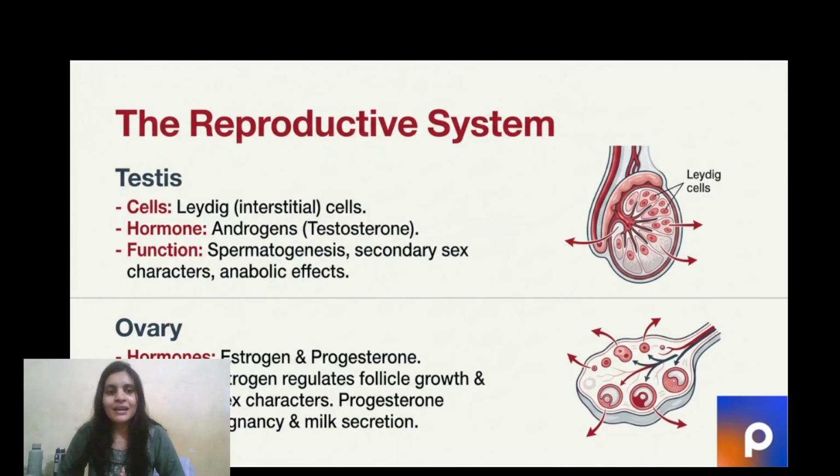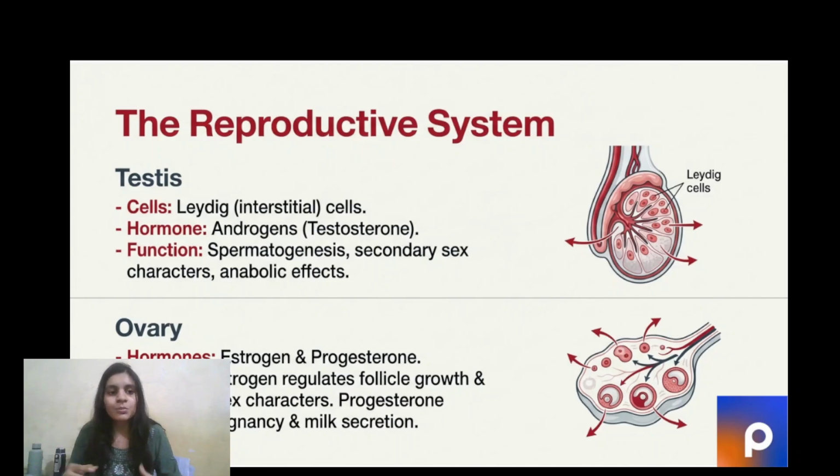Alright, ma'am. Now let's learn about the reproductive system. Ma'am, the reproductive system in endocrine? Well, yes, your reproductive organs also have endocrine functions. As we already know, the male's reproductive organ is the testes. And in the testes, we have the Leydig cells or the interstitial cells.